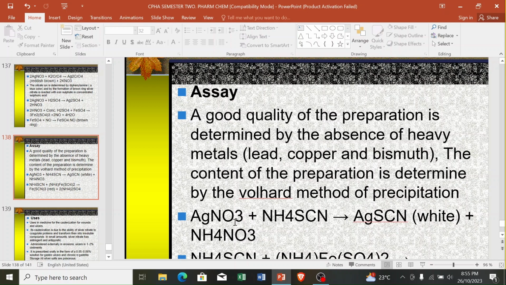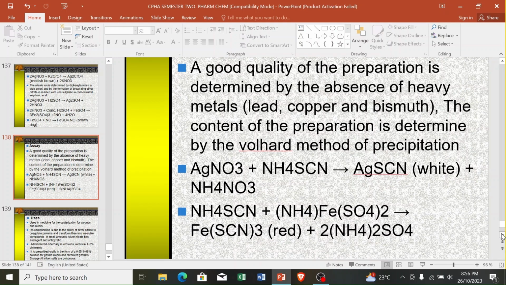We have silver nitrate in the presence of ammonium thiocyanate. We react silver nitrate with ammonium thiocyanate to give us this compound. Then the reactions further happen, precipitation, meaning we expect to precipitate out some compounds.